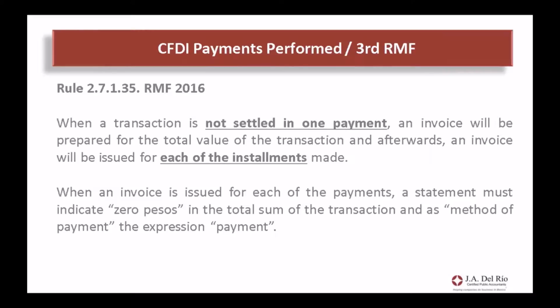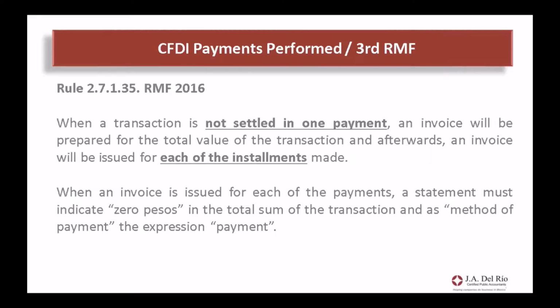So when we have a payment in installments, we always do one invoice for the total of the amount, and right now we already do another invoice for each of the installments.